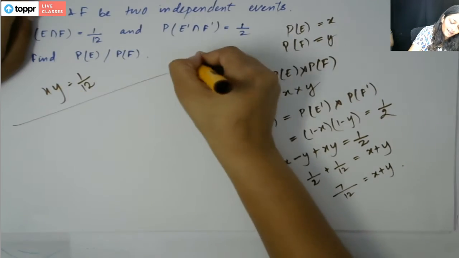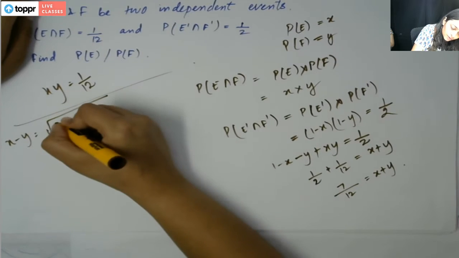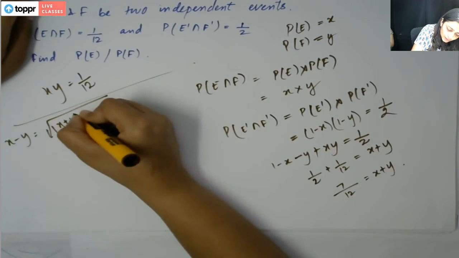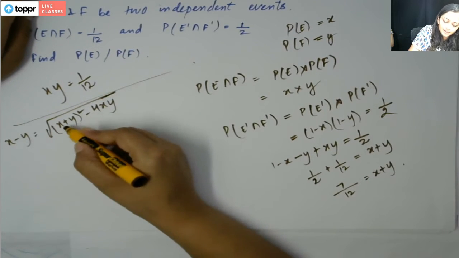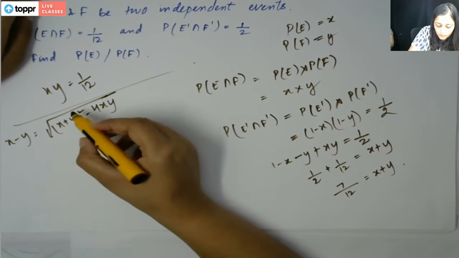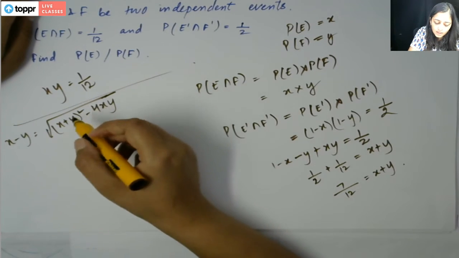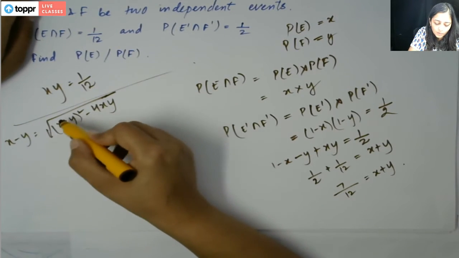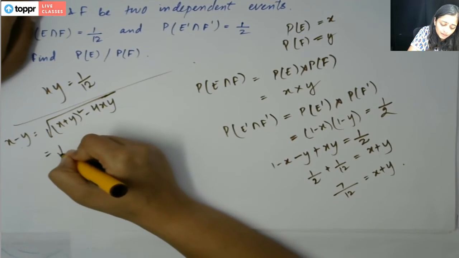Now how can we find X minus Y? X minus Y is equal to under root of (X plus Y) whole square minus 4XY, because this is x square plus y square plus 2xy, and 2xy minus 4xy is minus 2xy. Now this becomes (x minus y) whole square, and taking under root we get x minus y.